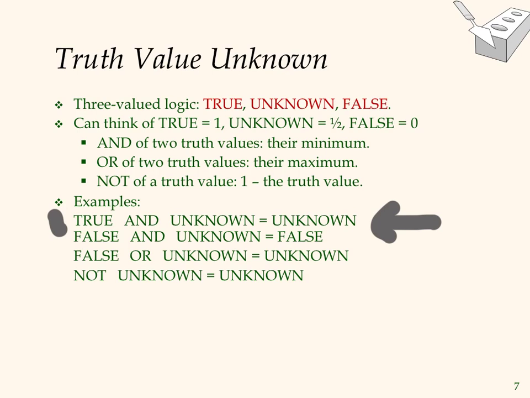Unknown is a half, 1 over 2. And so and says that we take the min. I made that mistake again. So the minimum is a half, right? 1 and a half, the minimum is a half. So we get back the answer a half as the minimum.